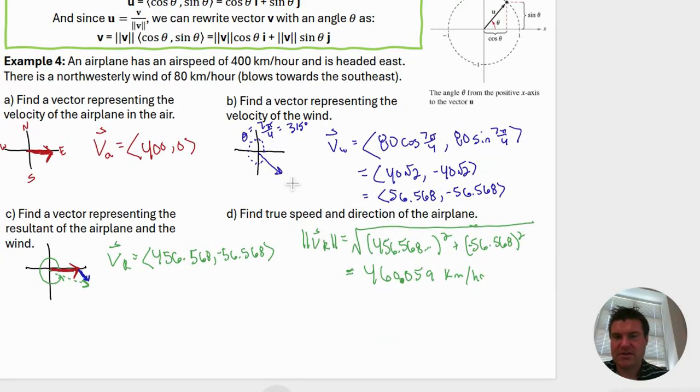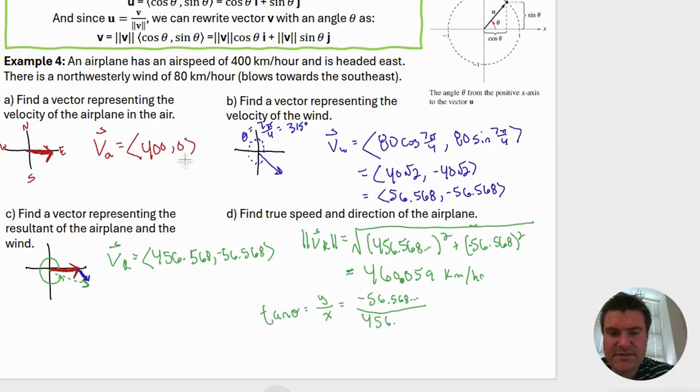So the direction, it doesn't say it up here, but the direction is going to be: tangent of theta is equal to the vertical component over the horizontal component. Okay, so when I do that, I'm going to end up with negative 56.568. There's more digits in there, and then this 456.568. There's more digits there. This is going to spit out a negative value because tangent's negative.